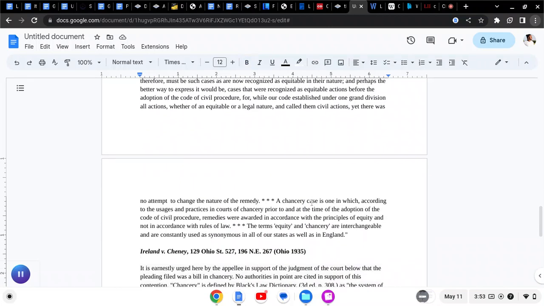A chancery case is one in which, according to the usages and practices in courts of chancery prior to and at the time of the adoption of the Code of Civil Procedure, remedies were awarded in accordance with the principles of equity and not in accordance with rules of law. The terms equity and chancery are interchangeable and are constantly used as synonymous in all of our states as well as in England.